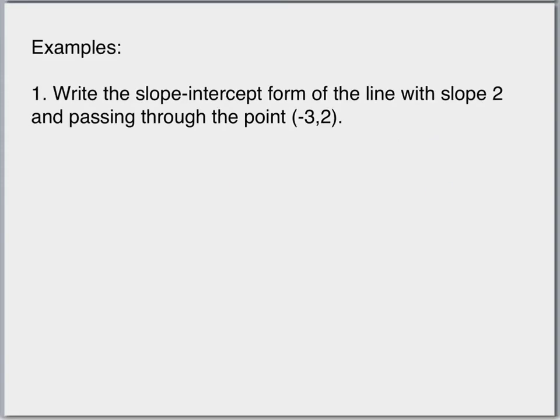Alright, I'm just going to change my pen here a bit wider as I go on to the next slide. So here's the first of our examples. This just says write the slope-intercept form of the line with slope 2 and passing through the point -3, 2. Well, this is a perfect one to start with, not the slope-intercept form, but I think it would be wise in this case to start with the point slope form, because we do have a point and we do know the slope.